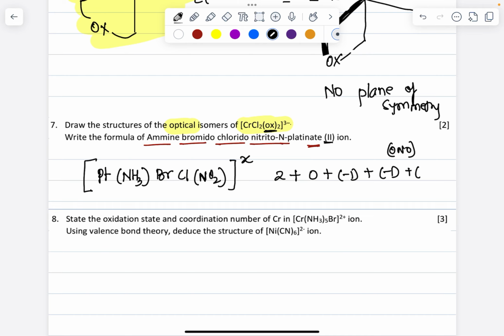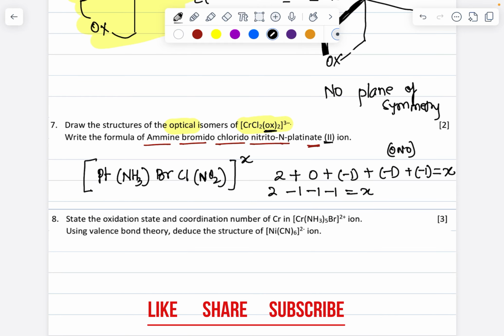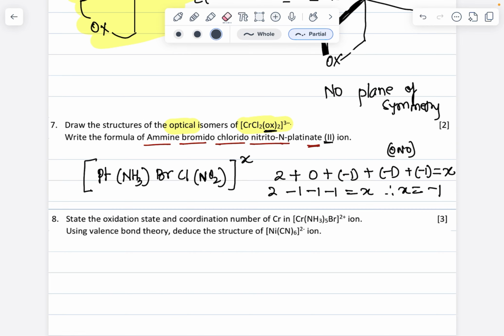Plus NO2 is also -1. Which is equal to X, because I don't know this X. So 2 -1 -1 -1 is equal to X. Right? So X is equal to -1. Means over here the charge will come to be -1. This is how you need to do this.